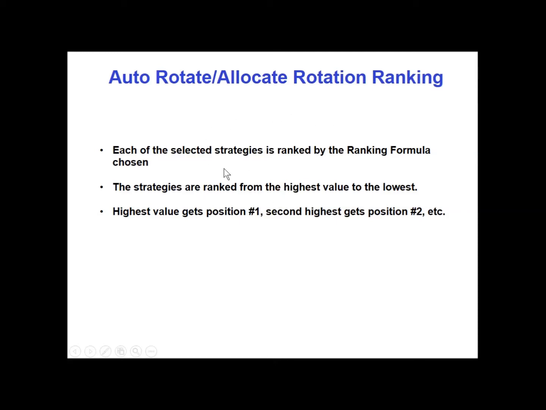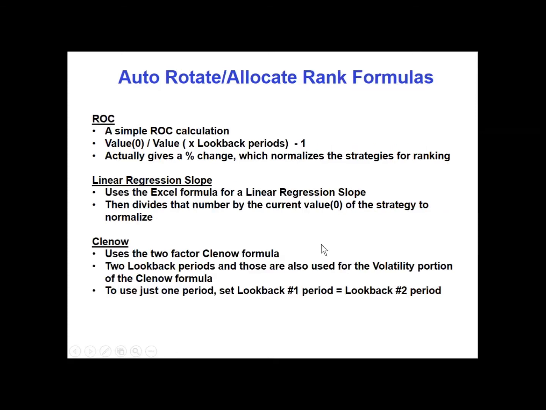Now, ranking. Each of the selected strategies you've chosen is ranked by the ranking formula chosen. The strategies are ranked from the highest value to the lowest. The highest value gets position number 1, the second gets number 2, etc. Here's a simplified version of how we do it.